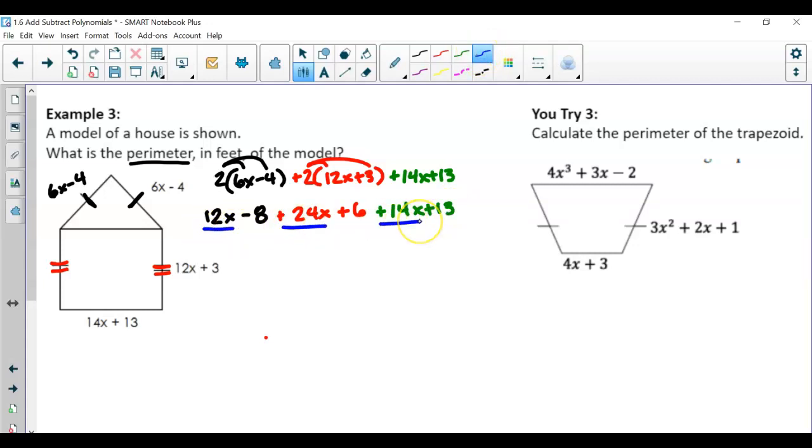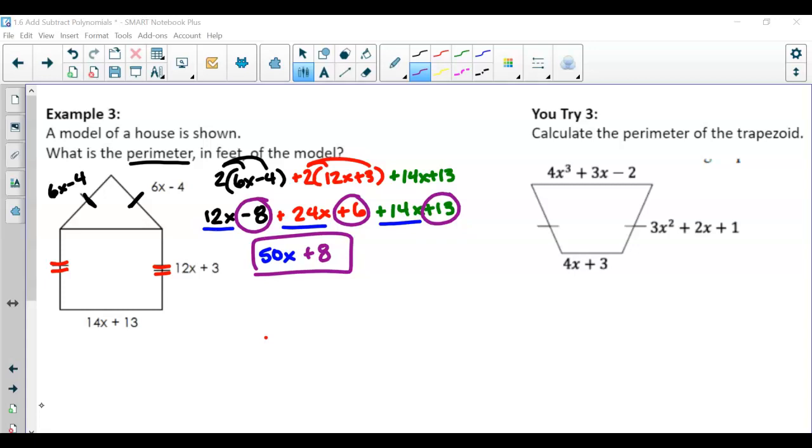Here we have our x terms, which all combined together will get you 50x. Then combine the constants. So negative 8 plus 6 plus 13, which gives you plus 8. So this is the perimeter that represents the model of this house. So go ahead and pause the video now and do the U-try here on your own.